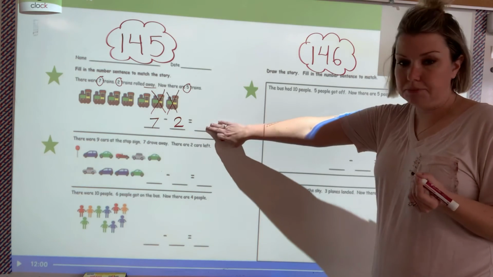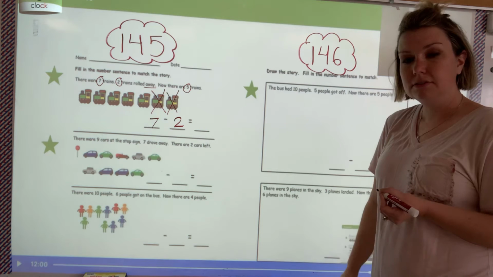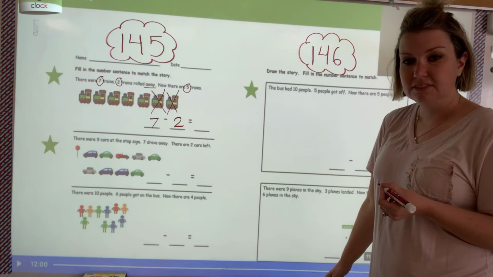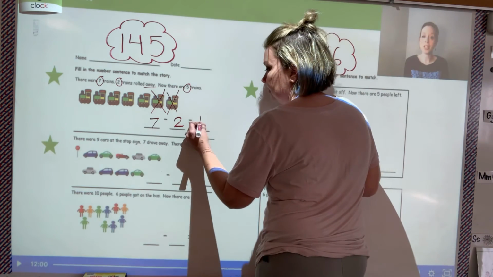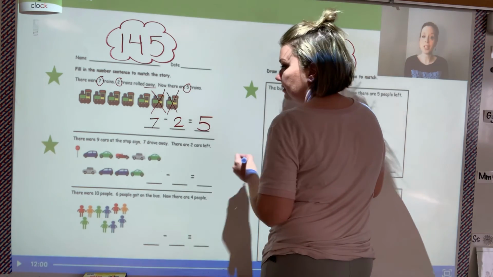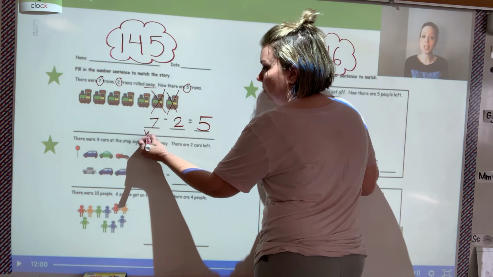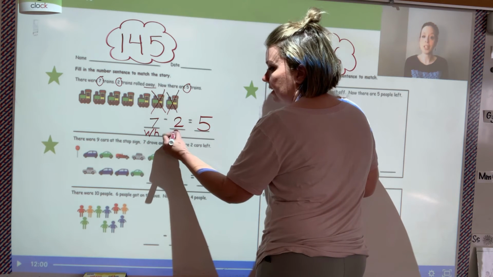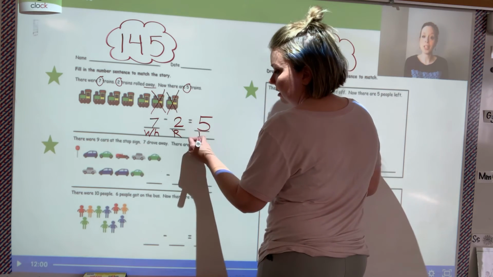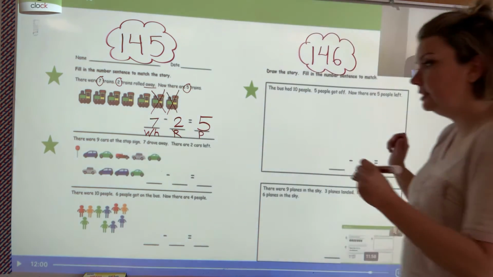And how many were left? Show me. Good job. 5 trains were left. I have my whole, my part that I crossed out, and my part that's left.